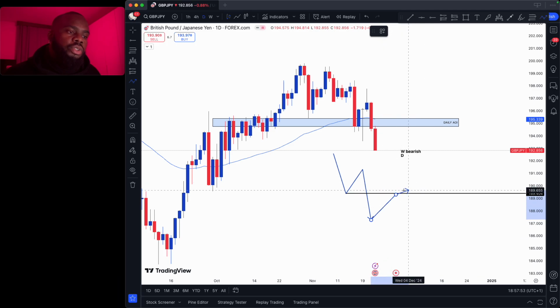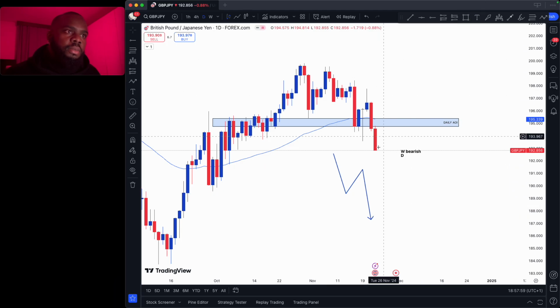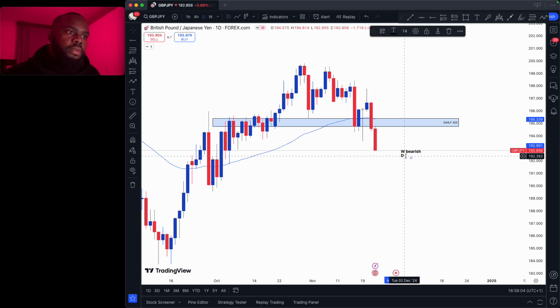Then we look for our entry confirmation pattern to sell the market down. So the daily is still bearish, so I'll have to put that down. Bearish. Then we head to the 4 hours to see.